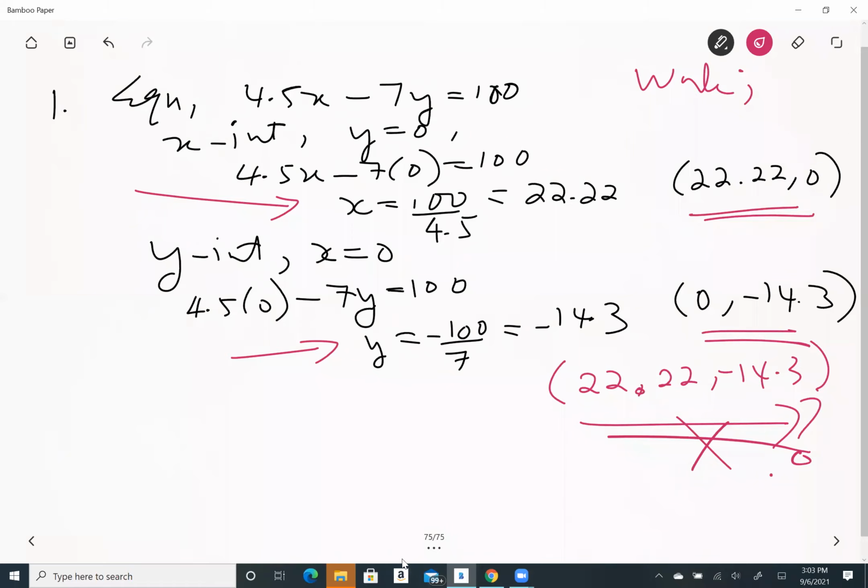Please, try not to copy. Do your own work, okay? If you copy, I can still detect it. That's why I take longer to grade the midterm, because there are a few answers, especially question number 5, very similar.